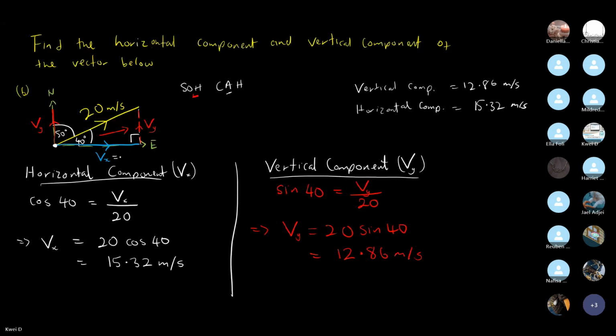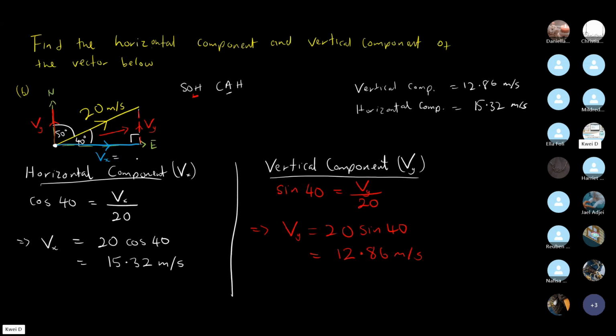If you're observing the speed with which it's moving vertically, you see it moving with 12.86 meters per second, but diagonally it's moving at what? 20 meters per second this way.